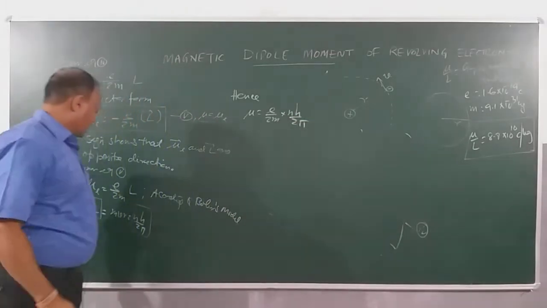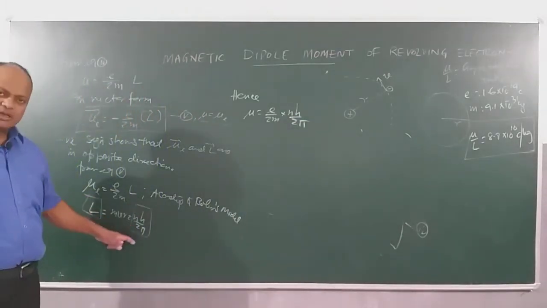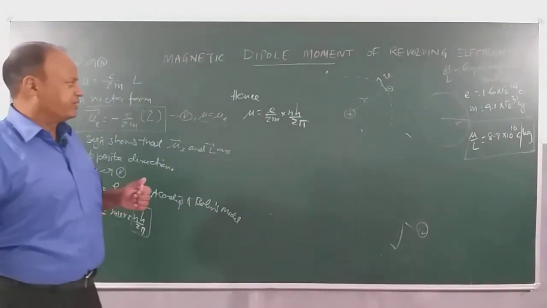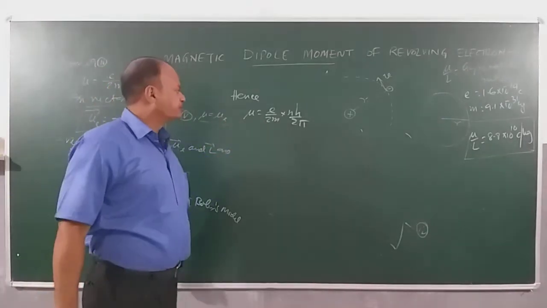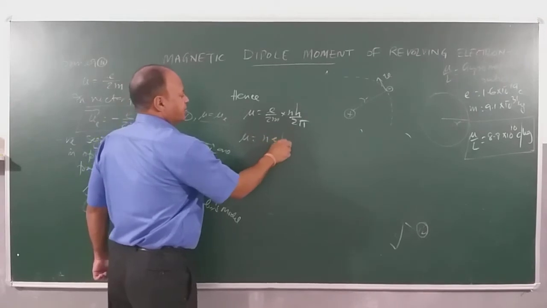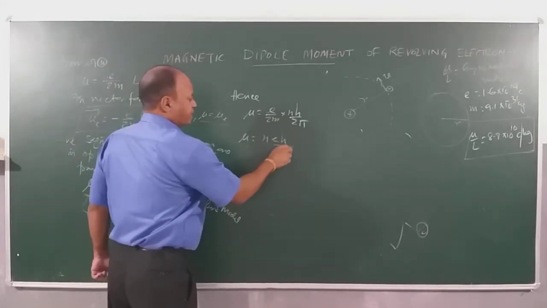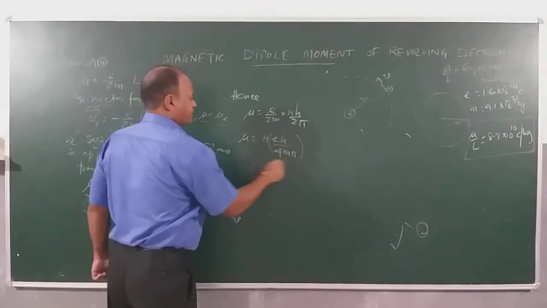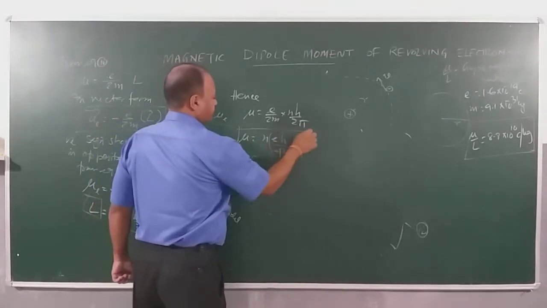What I did, I just replaced L with nh upon 2 pi. This result is in agreement with Bohr's model. You can also write mu is equal to neh divided by 4 pi m. Now this is another interesting result. I will call it equation 6.